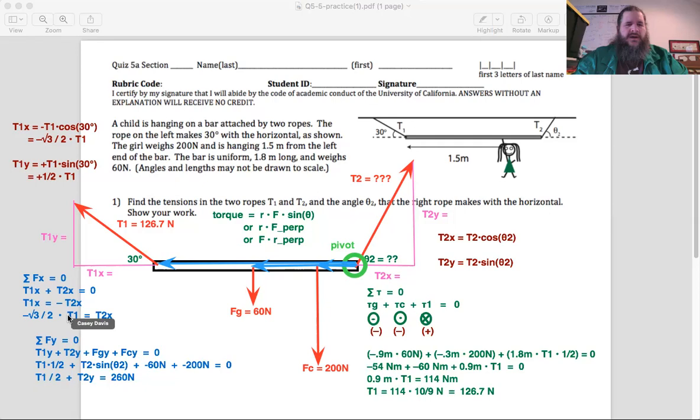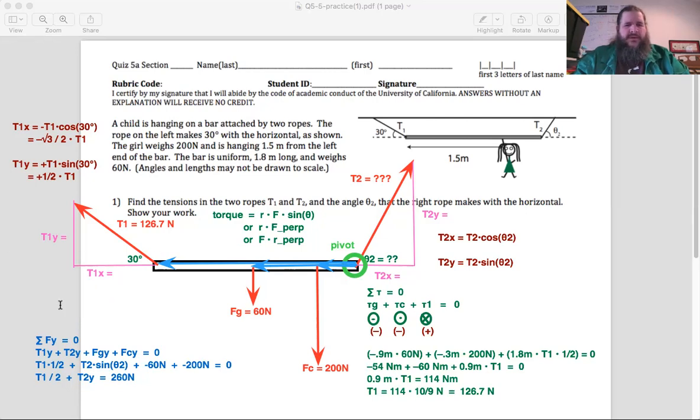So we know T1 times negative root 3 over 2, that is the x component of T1, has to equal T2x. We need a negative sign there also, though, because T1x is the opposite of T2x. T1x is negative root 3 over 2 times our T1, 126.7 newtons. That has to be the opposite of T2x.